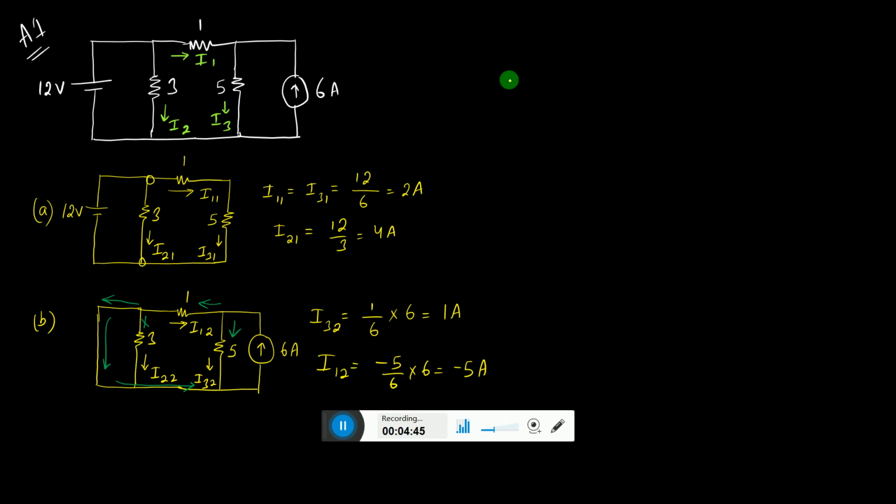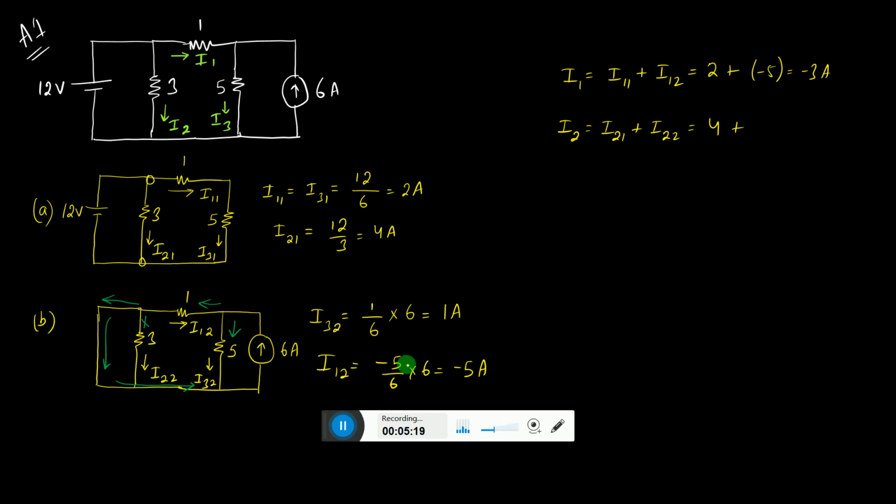So now we have I1 is equal to I11 plus I12, that is 2 plus I12, which is minus 5. Similarly, I2 is I21 plus I22, 4 plus I22.